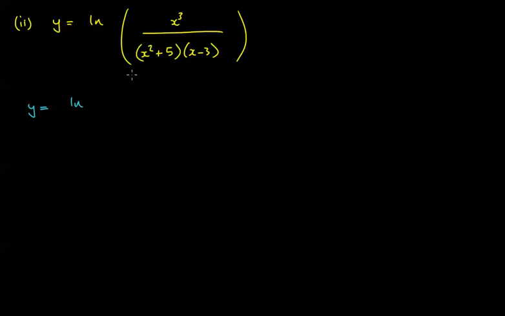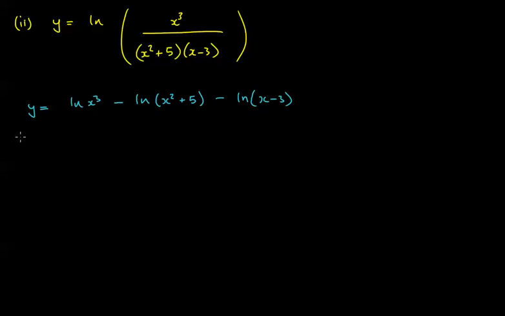of x cubed, subtract natural log of x squared plus 5, subtract natural log of x take away 3. Remember, division means subtract. If you're not sure why that is, you need to go back and revise some laws of logs, because you should be able to go from this straight to this.